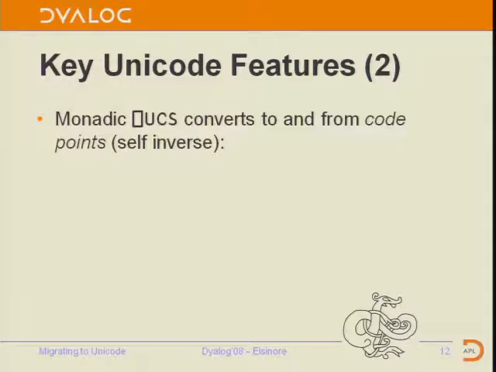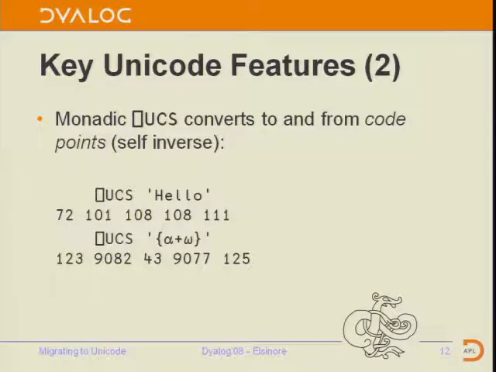There's a new function, quad UCS, which is identical to the one in APL2, IBM's APL2. I think they've had that for a decade or so. So you give it a string and it tells you what the Unicode code point numbers are. Morten, this works only in the Unicode version? No, quad UCS is also there in the classic version. The first two expressions would work in the classic version.